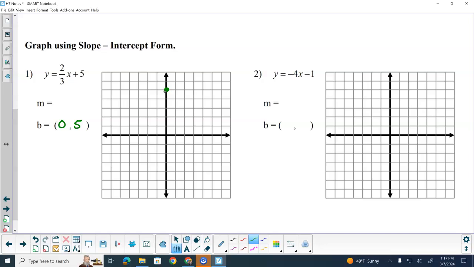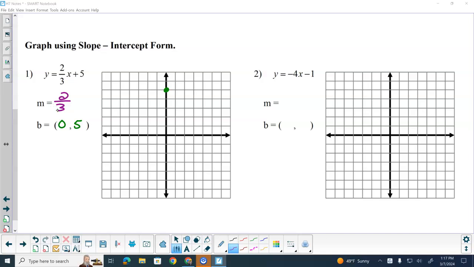What's next? What do we do next to graph our line? So what is the slope in this case? 2/3, okay? So what does that mean, 2/3? Which direction is the 2? Up 2, right 3.